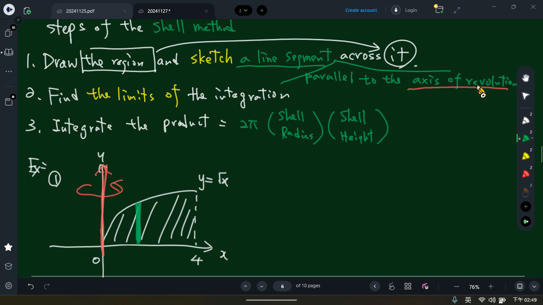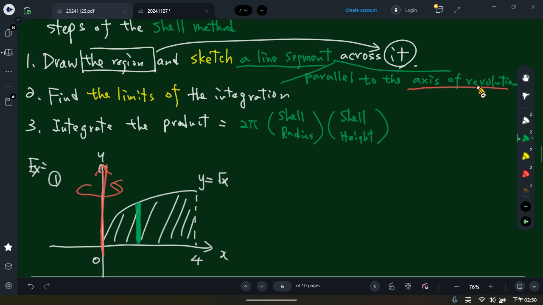So you can see this is the region. I just draw a line segment. The line segment should be parallel to the axis of rotation. Not this way. This segment is perpendicular to the axis of rotation. So it should be this way.